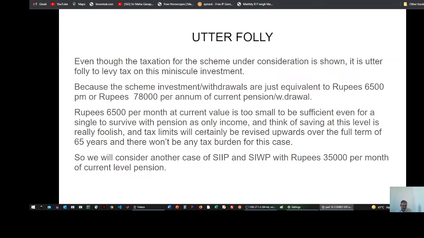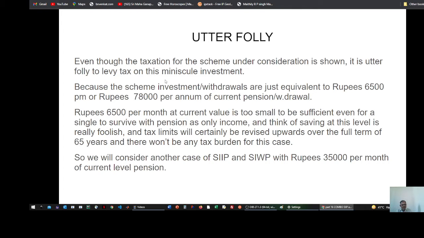There is a fallacy here. Even though the taxation for the case under consideration is shown, it is utter folly to levy tax on this minuscule investment, because the scheme's withdrawals are just equivalent to rupees 6,500 per month or rupees 78,000 per annum of the current pension withdrawal.